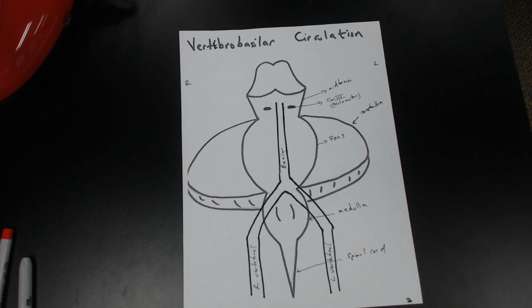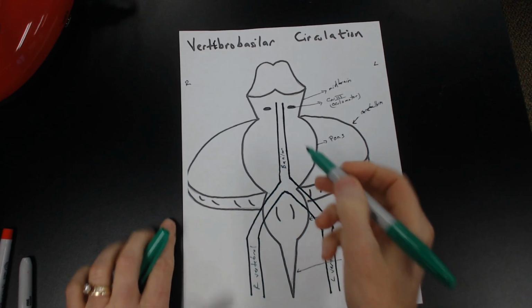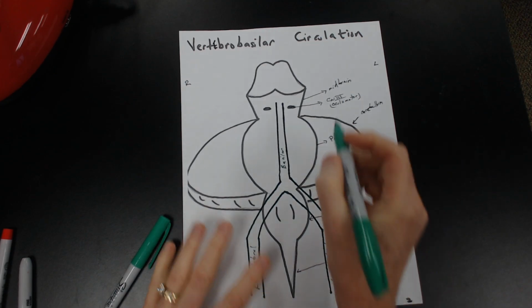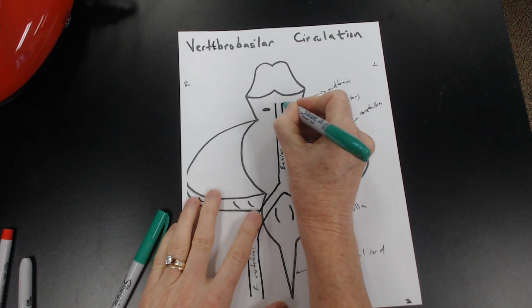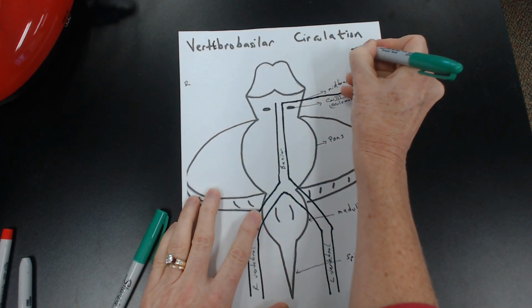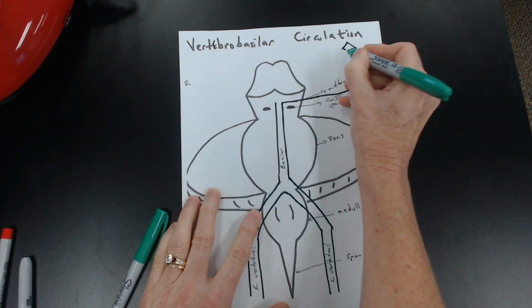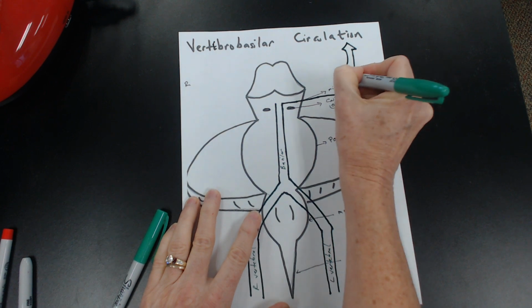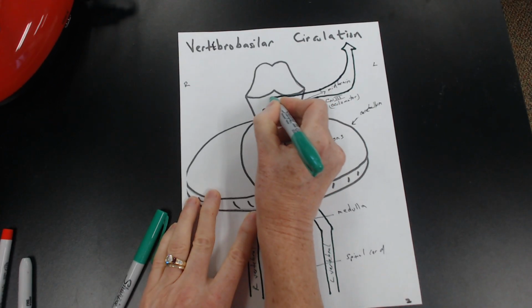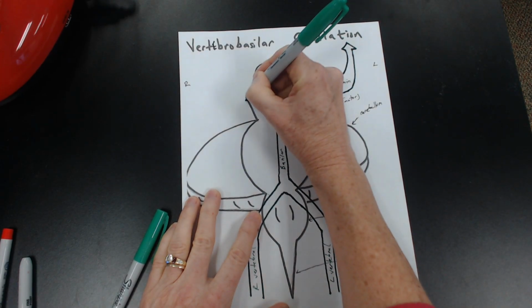The basilar artery ascends up, and just above the level of the third cranial nerve splits off into right and left arteries. So I'll draw that like this. These arteries come off and then go backward. They supply the back of the brain, the very back of the brain, with blood.